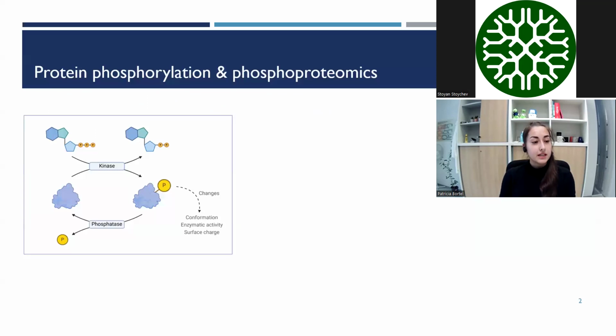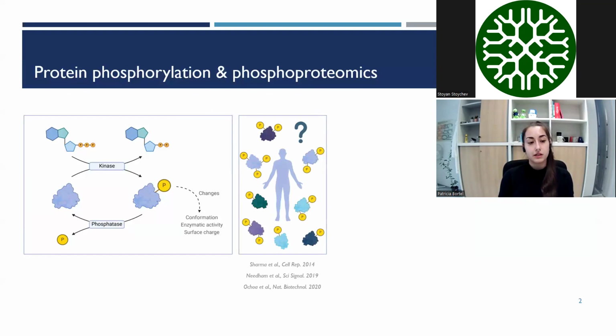So as probably a lot of you know, protein phosphorylation is a highly dynamic post-translational modification, and it plays a very important role in cellular signaling. And protein phosphorylation is a quite popular study object of the proteomics community, with the possibility to analyze up to thousands of protein phosphorylation sites across different cellular contexts.